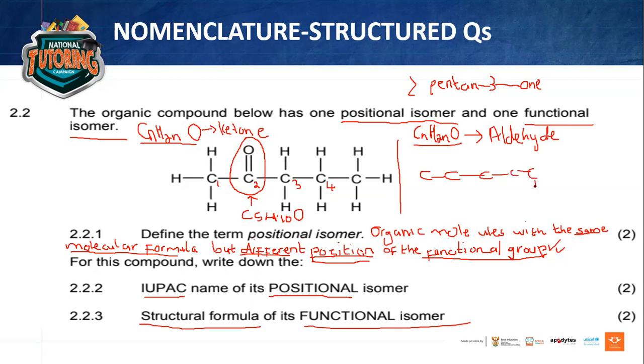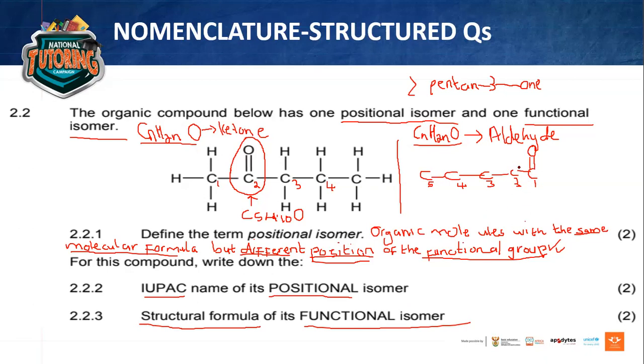I'll call this carbon number 1, carbon number 2, carbon number 3, carbon number 4, and carbon number 5. And it's really up to you. This carbon on the left could have been carbon number 1. And remember how we draw an aldehyde, we sit with the formyl group, C double bond O, on the first carbon. And then I'll be done.